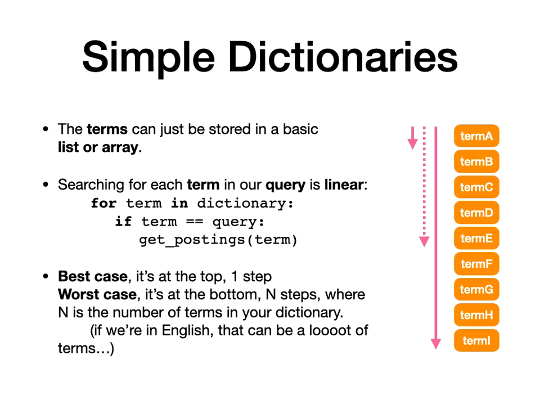Well, the simple way is to just run through the list until we find, oh, this term is right here. Great. I've written some pseudocode here. For the term in the dictionary, if the term is the query, go get the postings for it, right? This is a linear process. And as we've said before, we're always trying to do a little better than linear if we can.